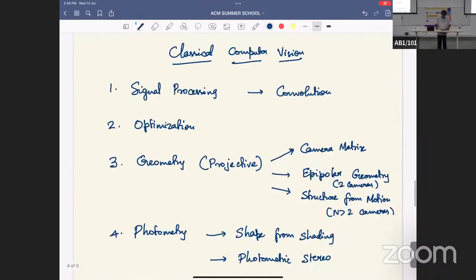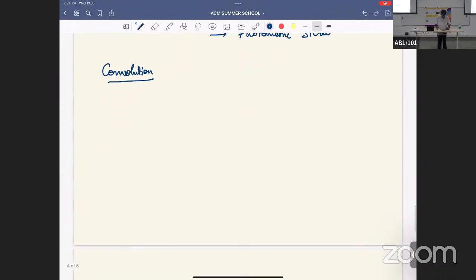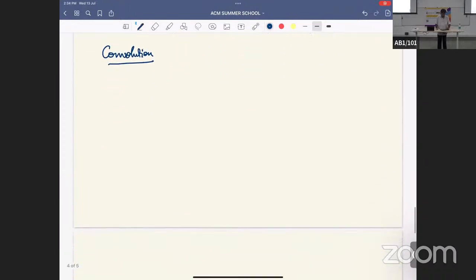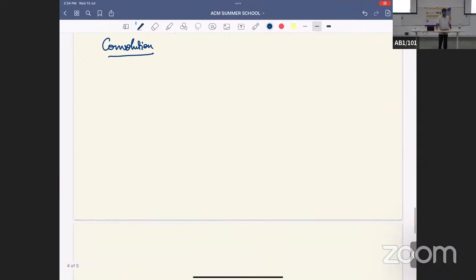Let me go here. So let's talk about convolution. Okay, so there are 2 types of convolution. We don't have to understand the continuous convolution, because it requires you to sample data at an uncountably infinite number of points.